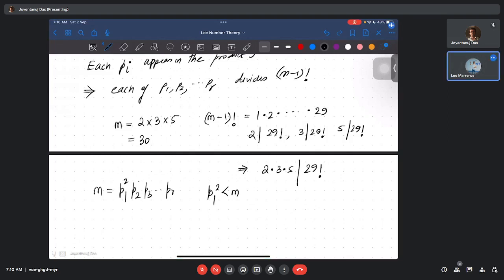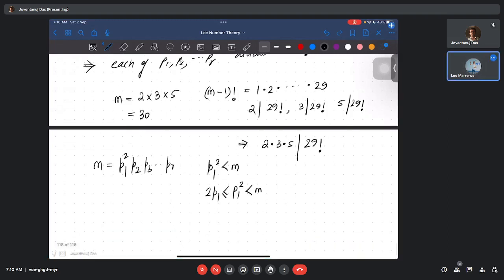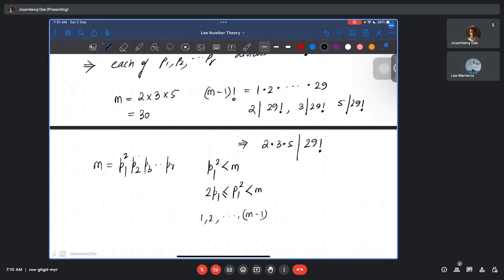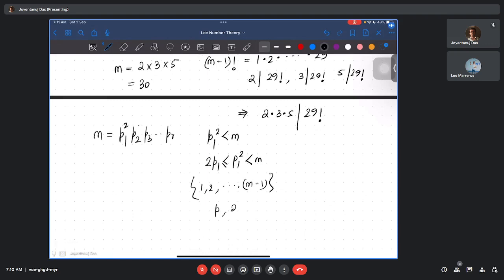So since p1 square is less than m, twice p1 is less than p1 square, that is less than m. So in the list of 1 up to m minus 1, p1 appears as well as 2p1 also appears. So that's why I will get all the factors.